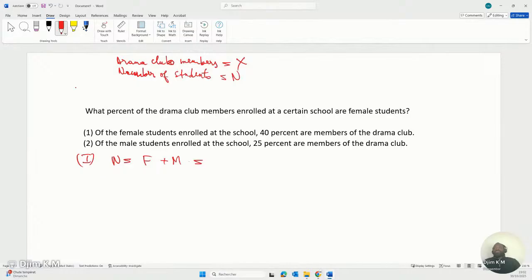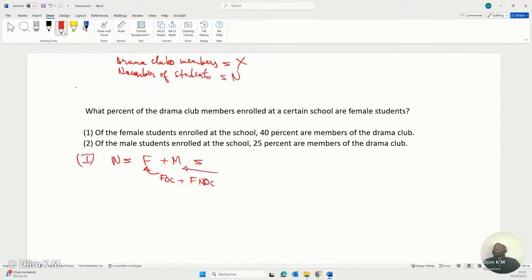This female here is made up of female part of the drama club plus female not part of the drama club.